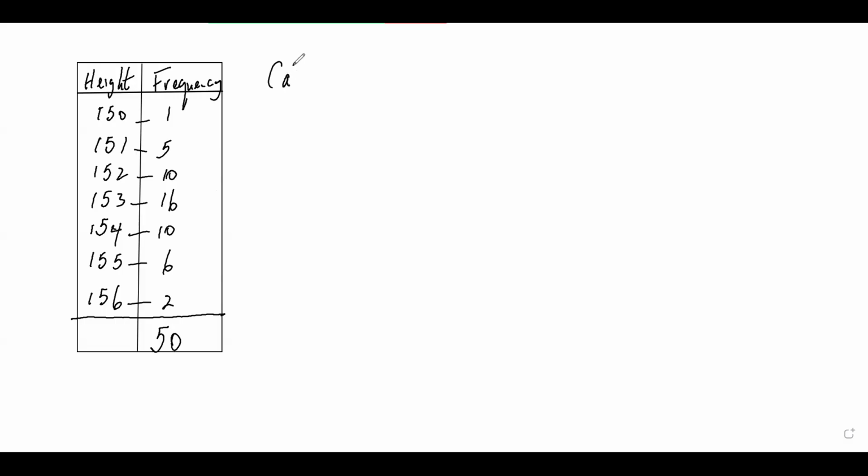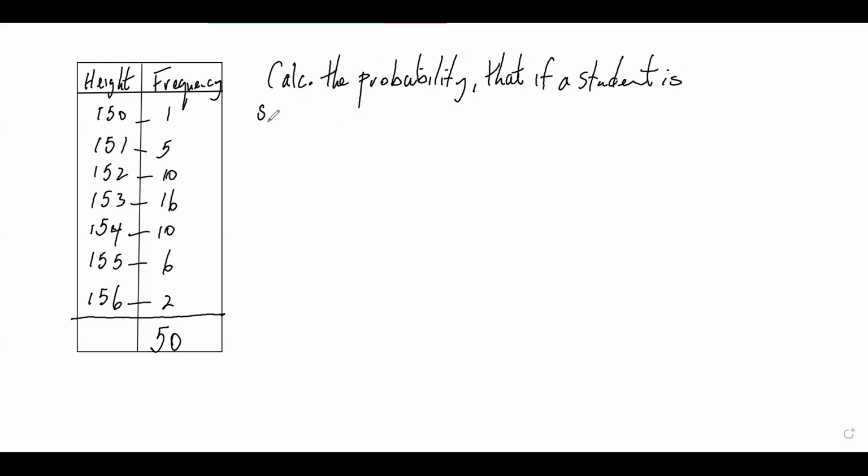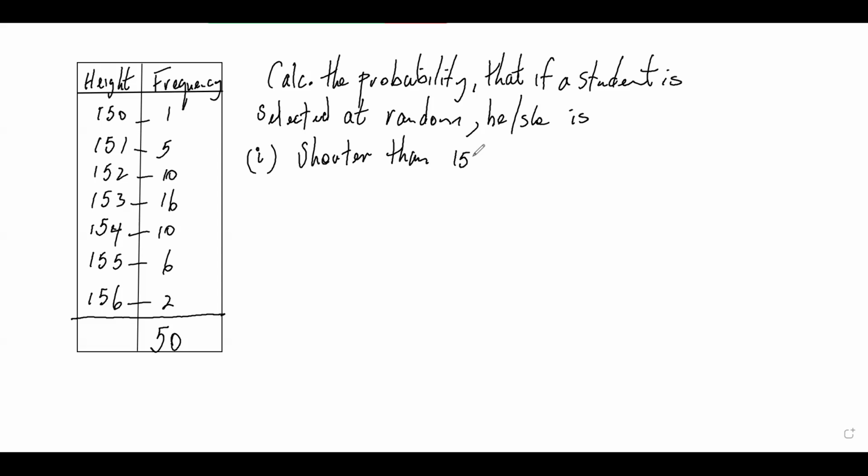Calculate the probability that if a student is selected at random, he or she is shorter than 152 centimeters.